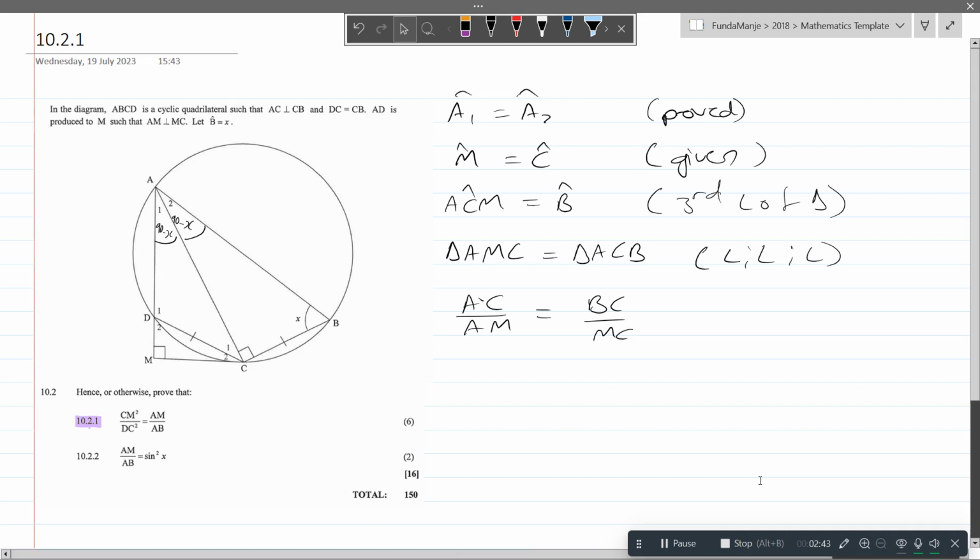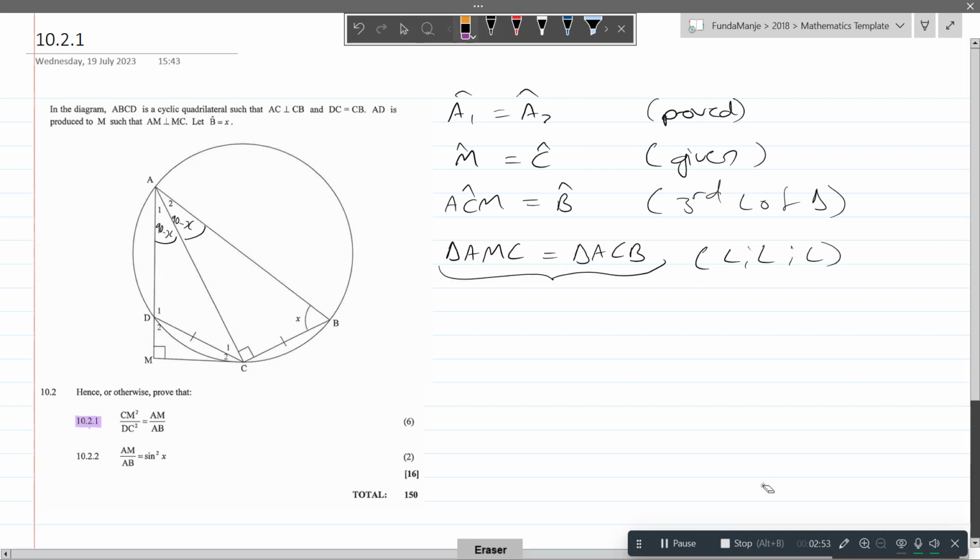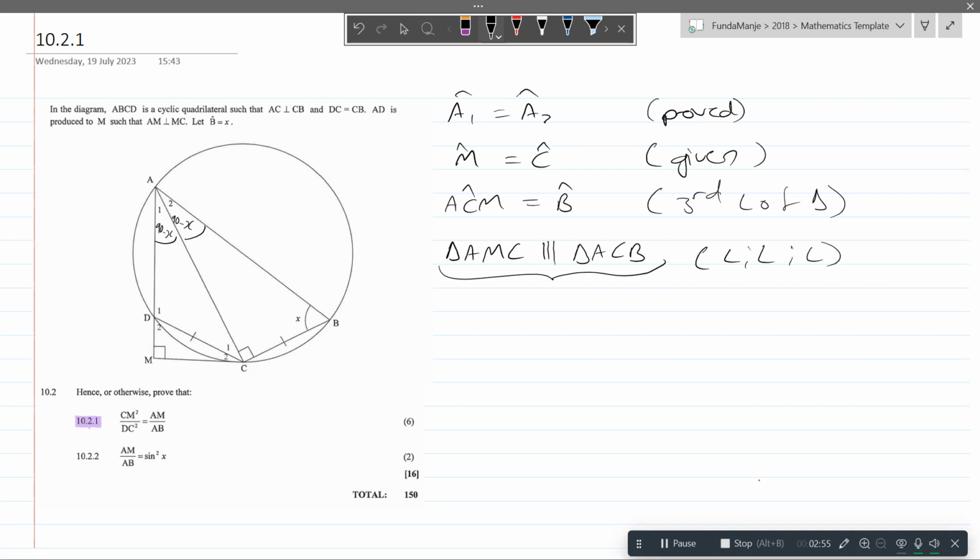Okay, so this way would be a bit tedious. So before we continue with this, let's see if we can optimize this. These aren't equal, but they're similar. And since we already know that ACB is similar to DMC, we can formulate another one.